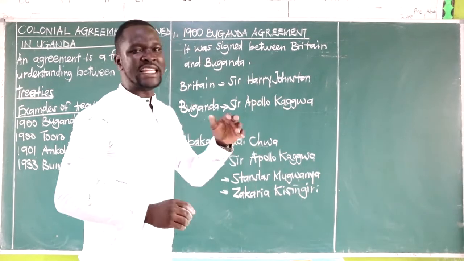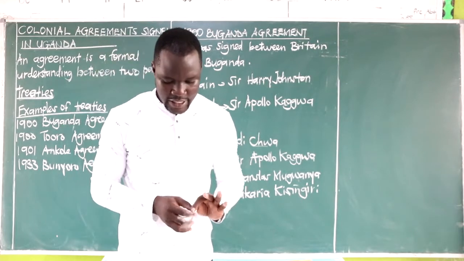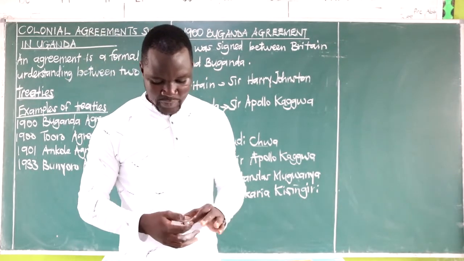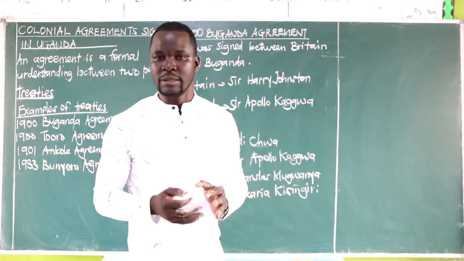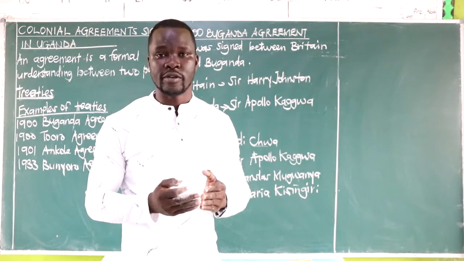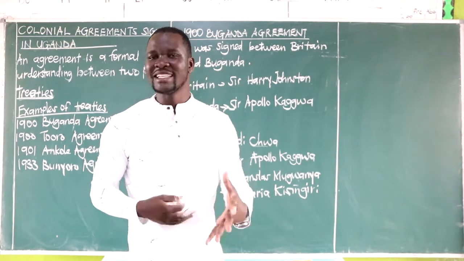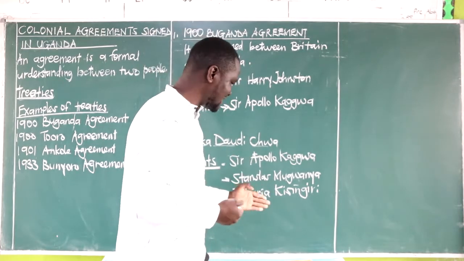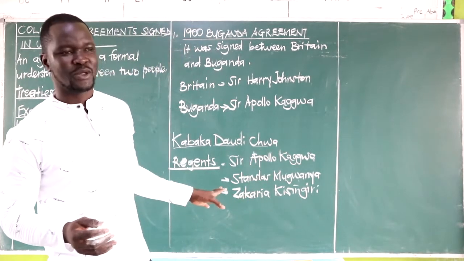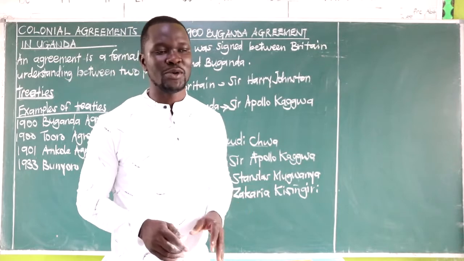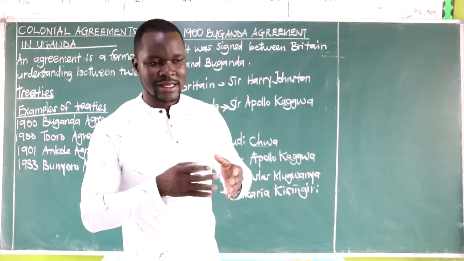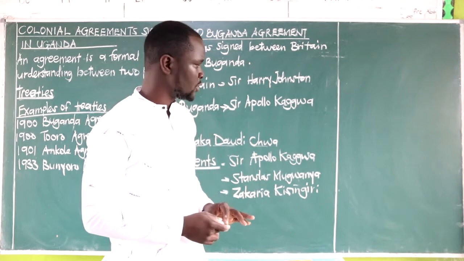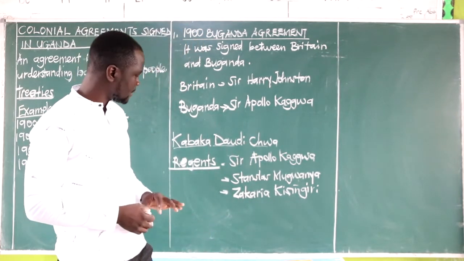So we have 3 people who helped this king to rule on his behalf. We call them regents. I believe we are getting the lesson. I want you to be very attentive and get this information because it will help you sail through primary 5, primary 6, and shoot your D1 in social studies in PLE.